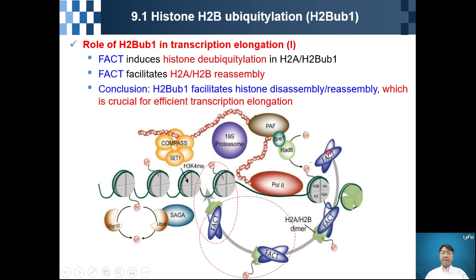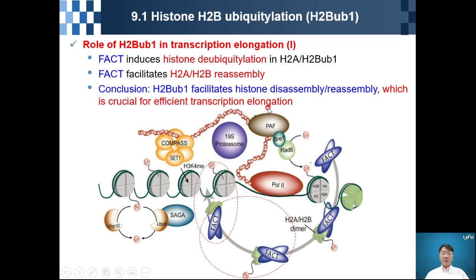FACT can selectively bind to the ubiquitinated H2A, H2B dimer, especially the H2A, H2B-UB1 dimer. After that, it can facilitate histone disassembly and reassembly. This step is crucial for efficient transcription elongation.